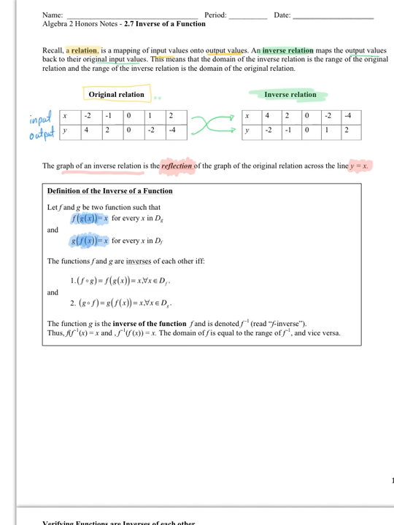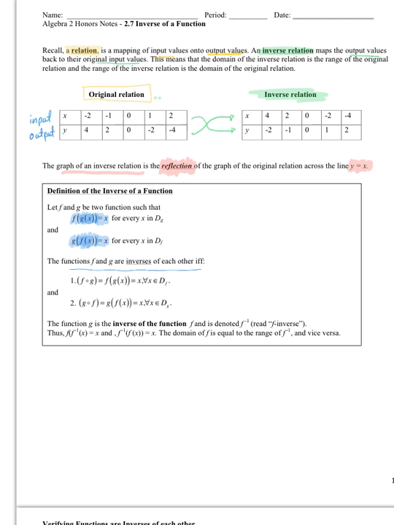So that is how you would verify that two functions are inverses of each other. Two functions are inverses of each other if and only if taking the composition in both directions gives you the same thing, and the same thing that you get is x.